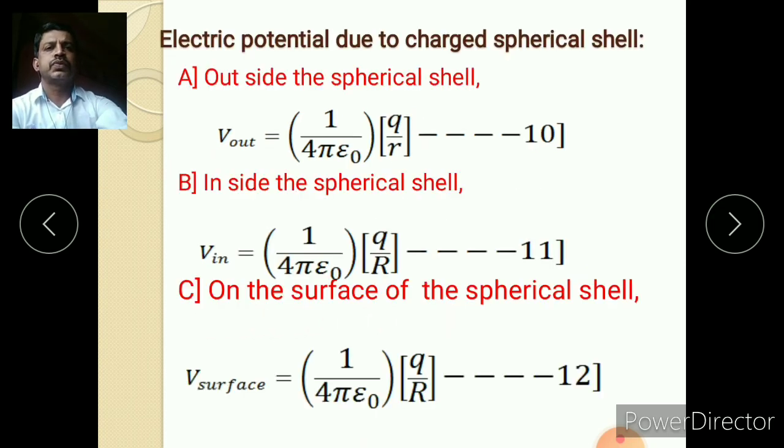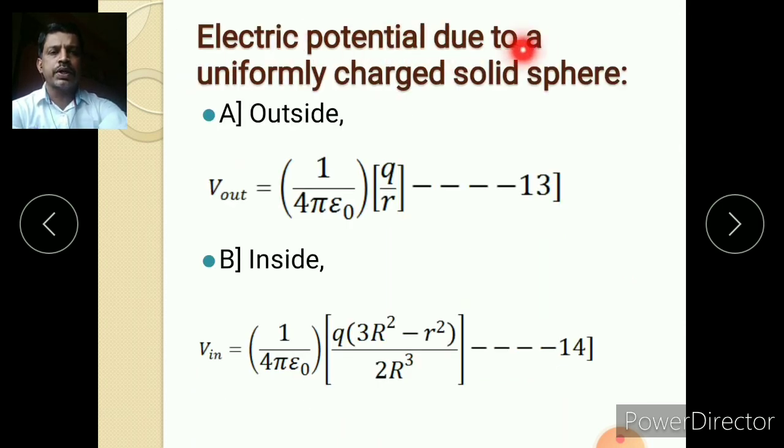Electric potential due to a charged spherical shell. Outside the spherical shell, V out is equal to 1 upon 4 pi epsilon 0 q by r. Inside the spherical shell, V is equal to 1 upon 4 pi epsilon 0 q upon capital R. On the surface of the spherical shell, V surface is equal to 1 upon 4 pi epsilon 0 q upon capital R. Electric potential due to a uniformly charged solid sphere.